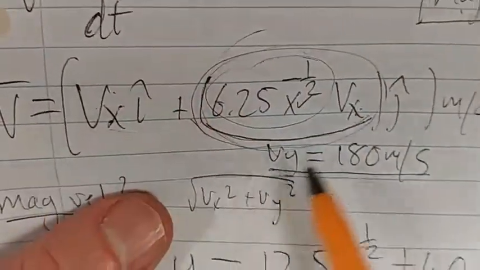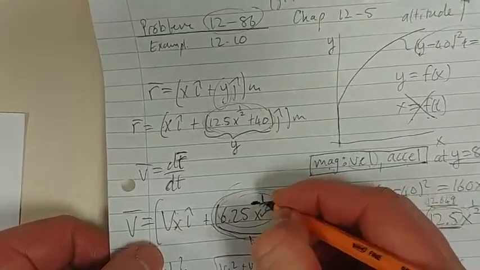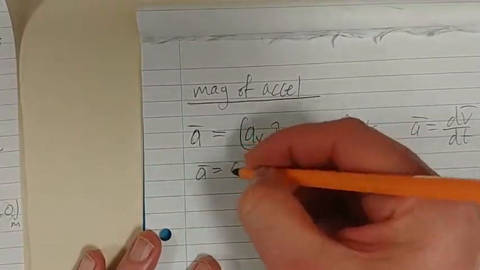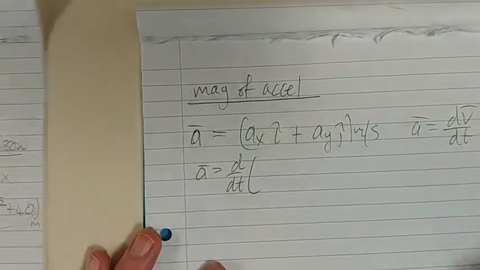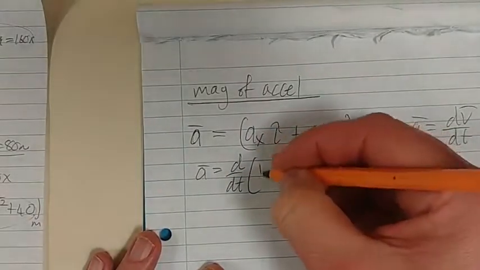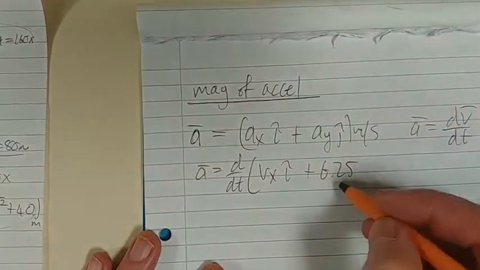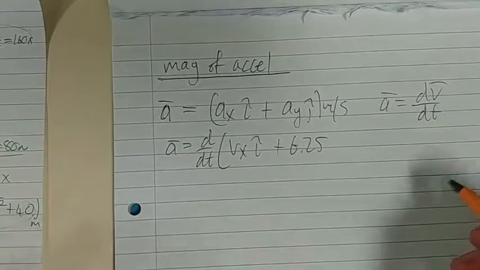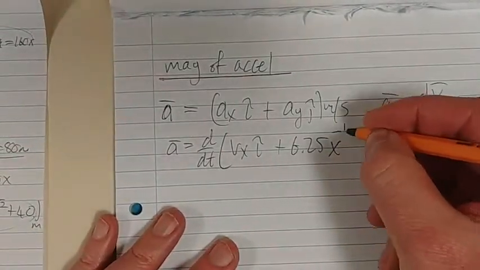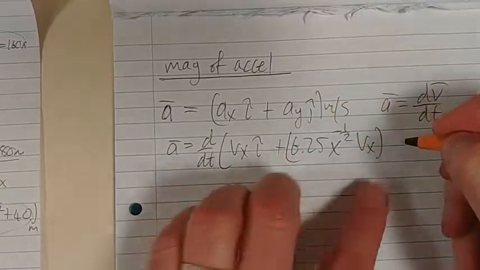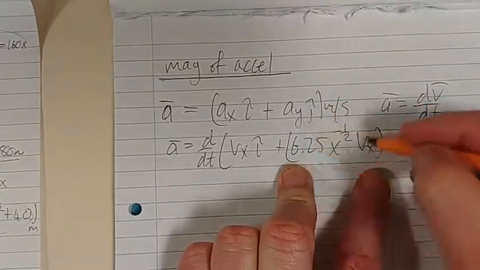Remember, that's a minus a half. So let's rewrite that. a is d/dt of V, which is Vx i plus 6.25, again that's wrong, x to the minus a half Vx. This whole thing here is Vy.